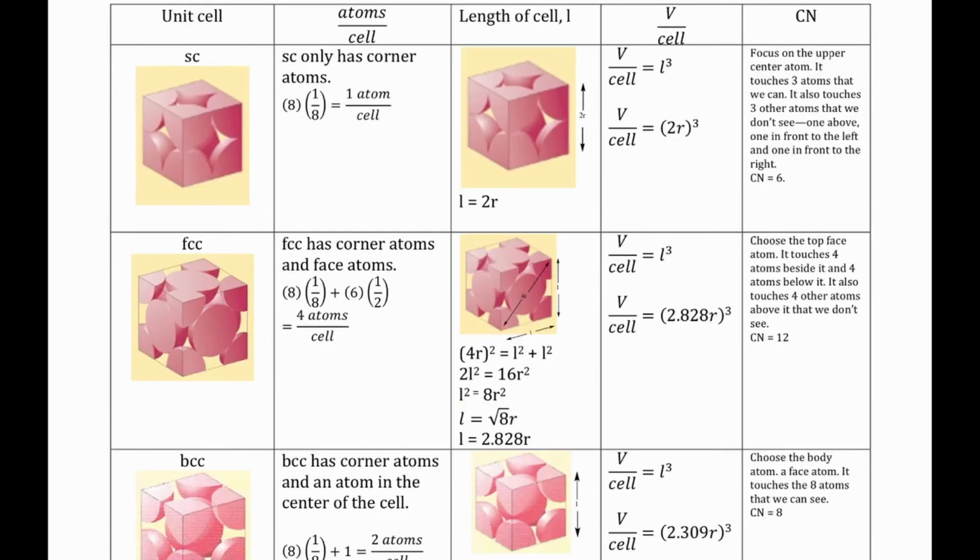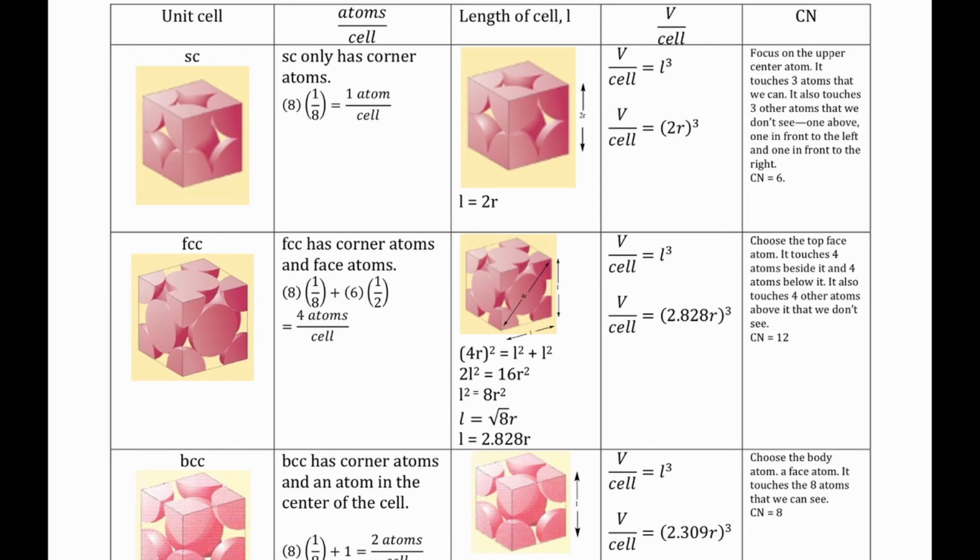All right, so here are the 3 cubic cells that we will make calculations with, and we see simple cubic, FCC, and body-centered cubic. Our next column is atoms per cell. So simple cubic has only corner atoms.